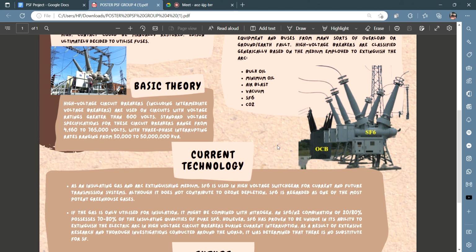Compressed air circuit breakers, also known as air blast circuit breakers, use a stream of compressed air directed toward the breaker's detachable contacts to interrupt the arc formed when the breaker is opened. Air blast circuit breakers with standard ratings up to 765,000 volts have recently been designed for use in exceptionally high voltage applications.